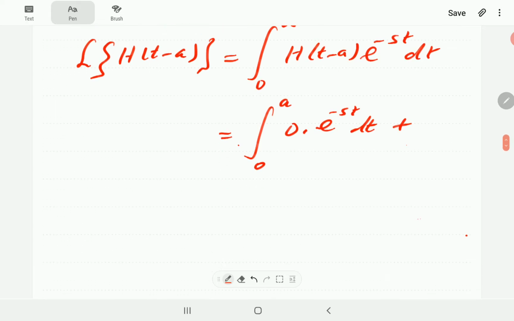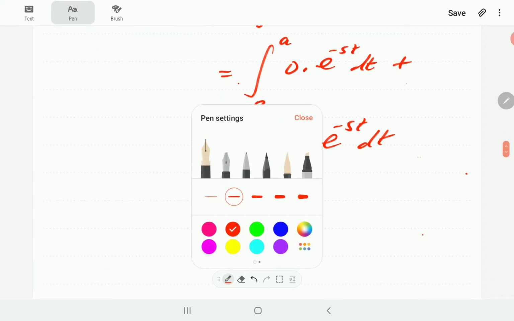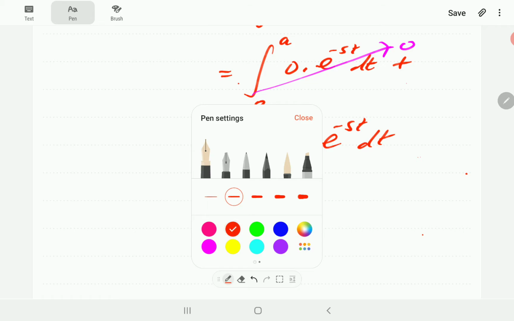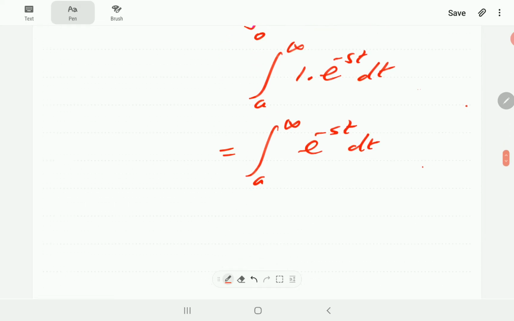That is going to be the first integral, and then the integral from a to infinity. In that interval h is 1. Since the first integral is just going to vanish, all we're dealing with here is the integral from a to infinity of e to the minus st.